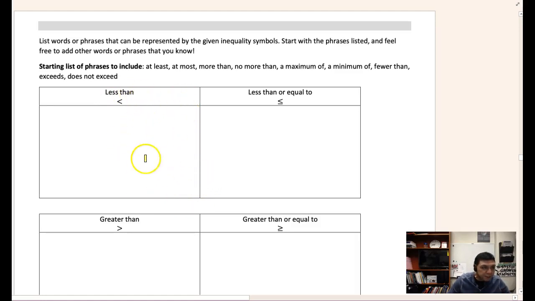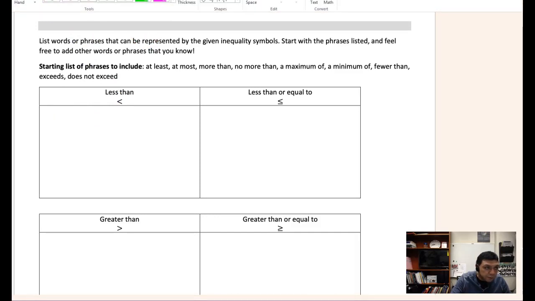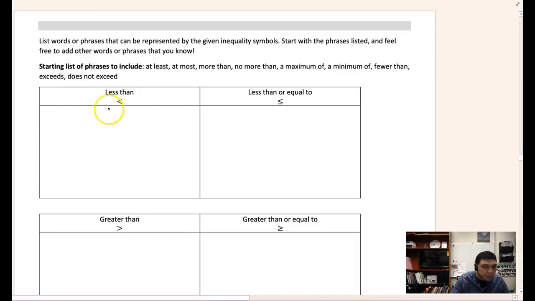Keep in mind you're turning in the discussion post, the page up above. In this case, list the words and phrases that are represented by the inequality symbol. There are all these words here that I want to make sure you have correct. Looking at this list of words is what we're examining, what goes where.